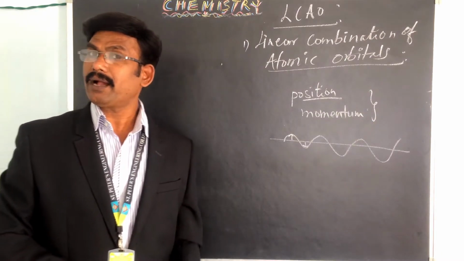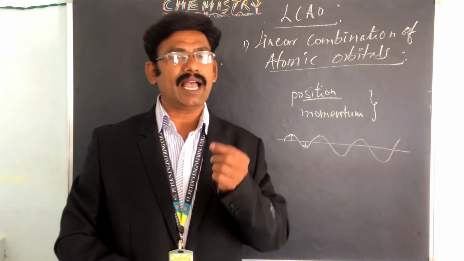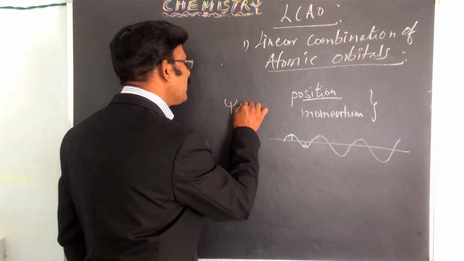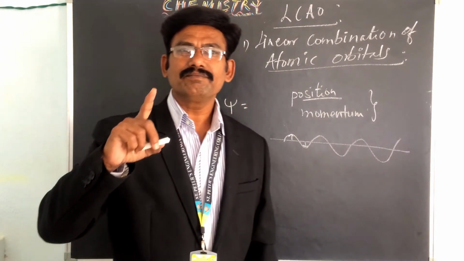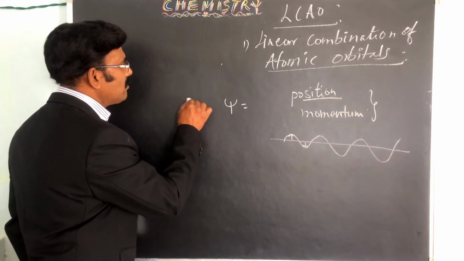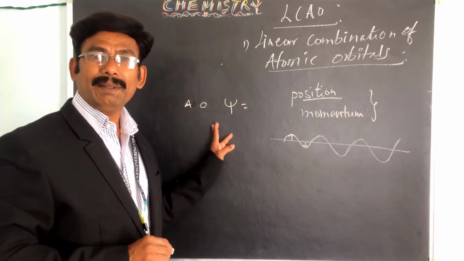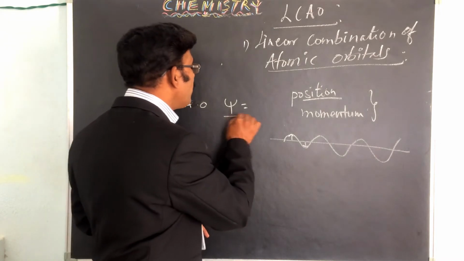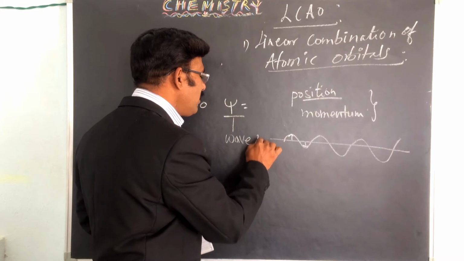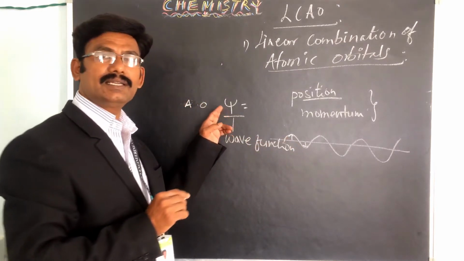According to wave mechanics, atomic orbitals can be represented by a wave function. The wave function is denoted by psi.